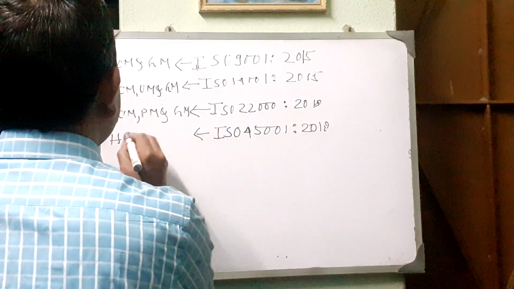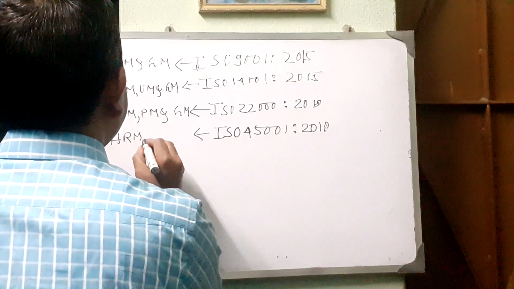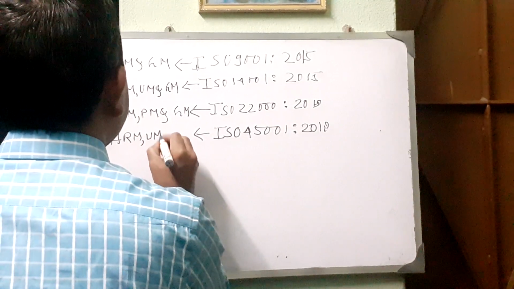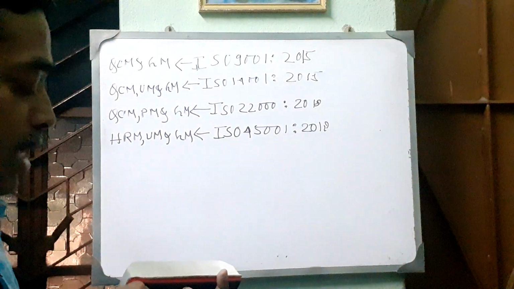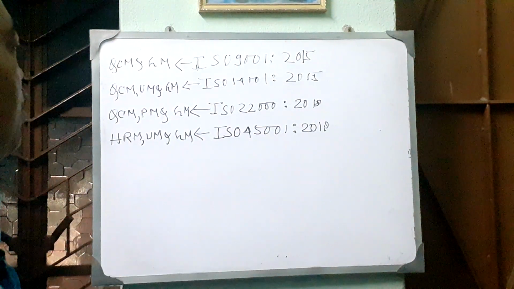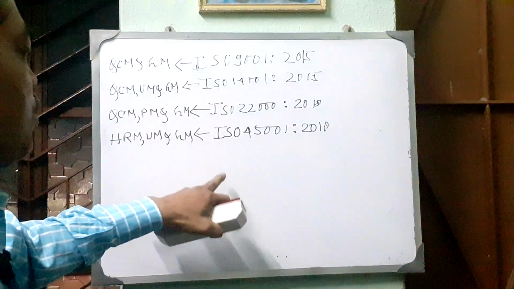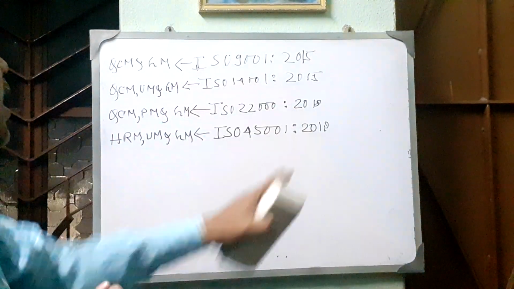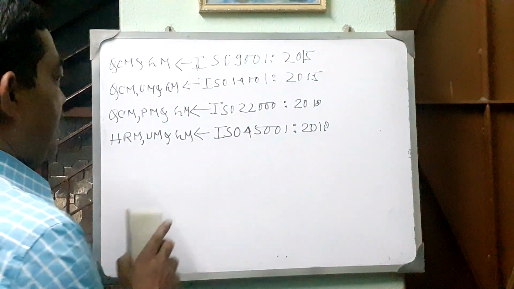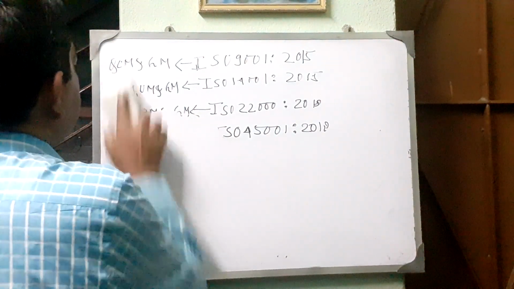The HR manager, the HR department, the utility manager and the GM. So these are the responsibilities of the following persons for the proper implementation of the ISO in this organization.